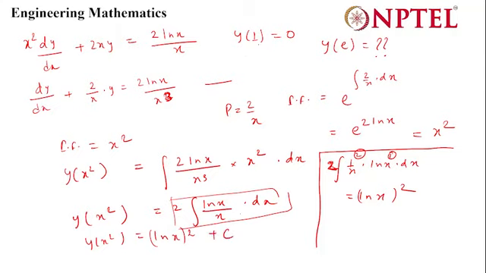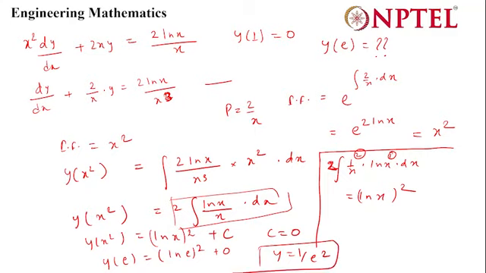So firstly, if you put x equal to 1 and y equal to 0, you'll get the value of c, which will be coming as, what is the value of c here? 0. And they are asking why when x is equal to e. When you put x equal to e here, y will be 1 by e square.